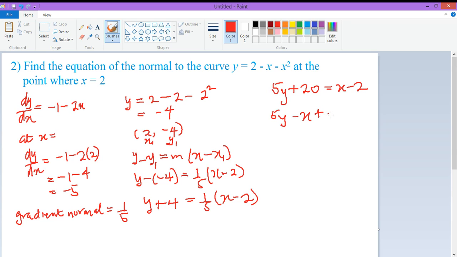So it becomes 5y minus x plus 22 is equal to 0.